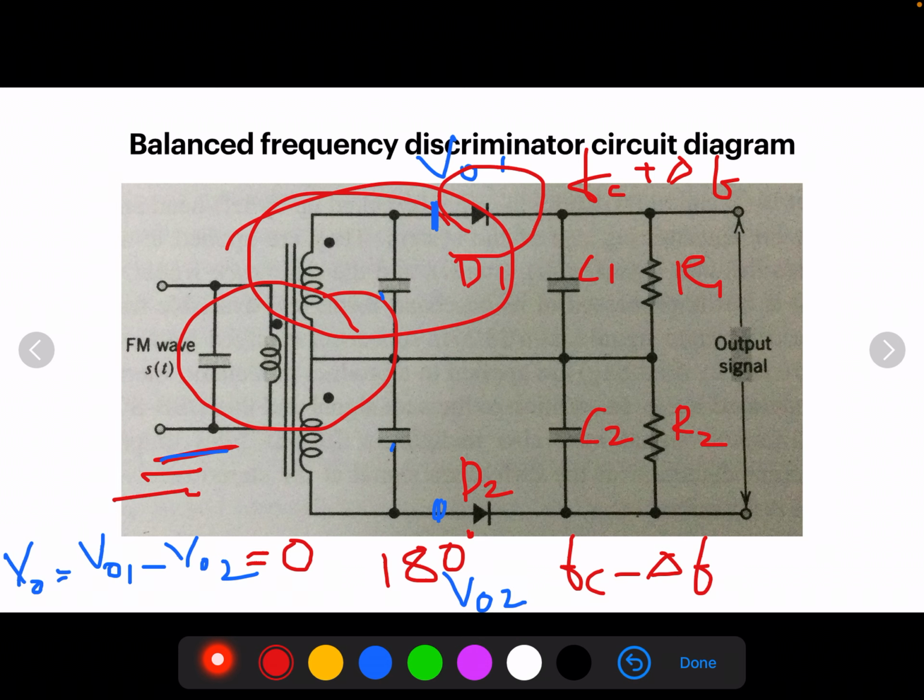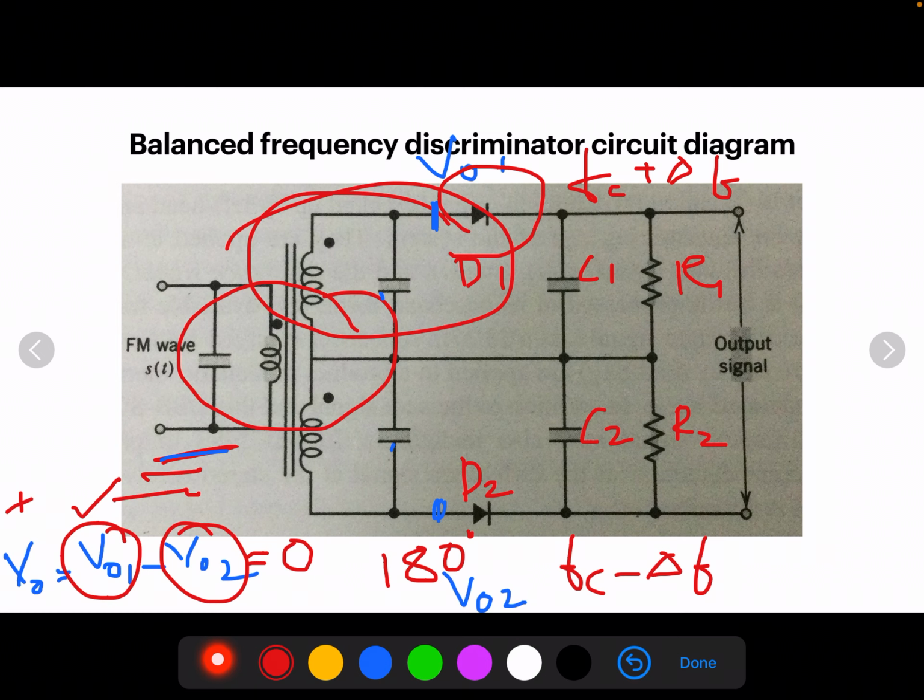Hence, the output voltage VO1 is greater than VO2. Therefore, the output voltage VO is positive. When this is greater than VO2, obviously this is positive output voltage. So VO is equal to VO1. This is the second case.